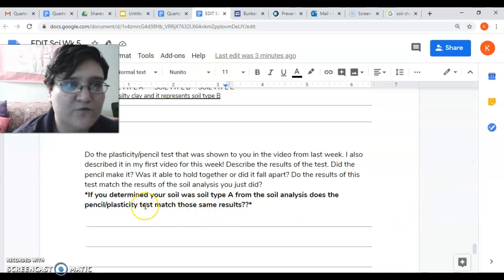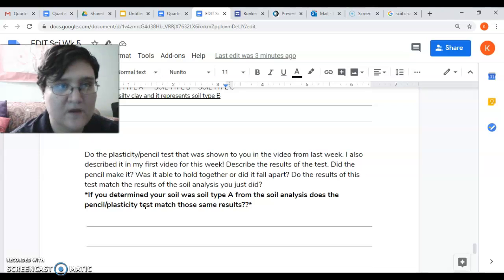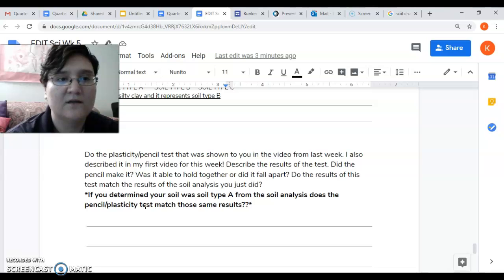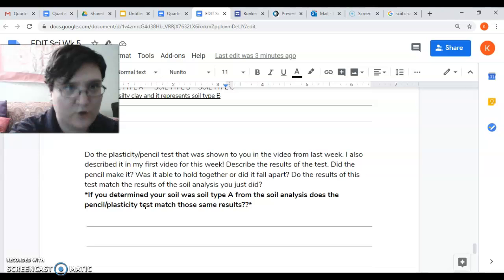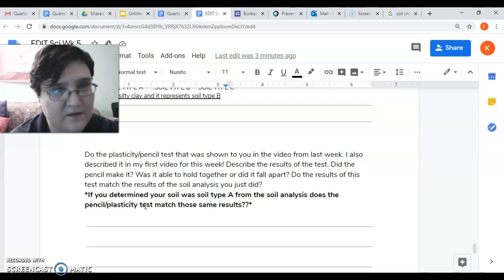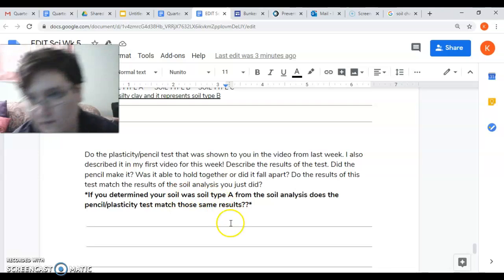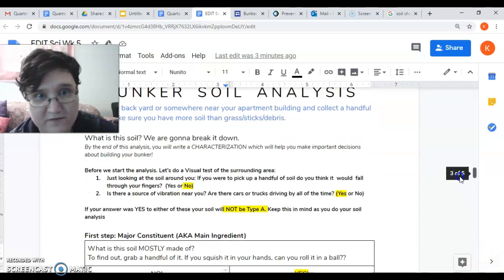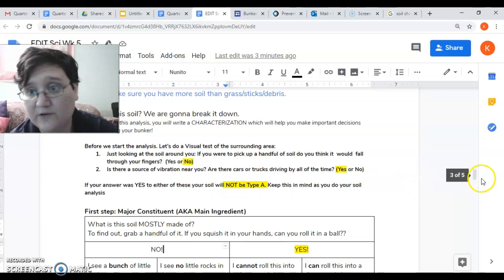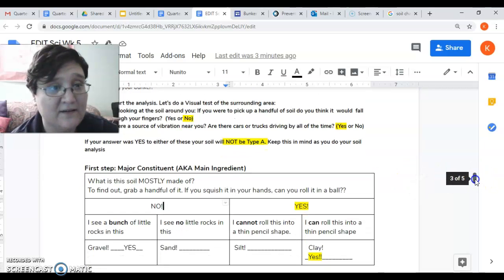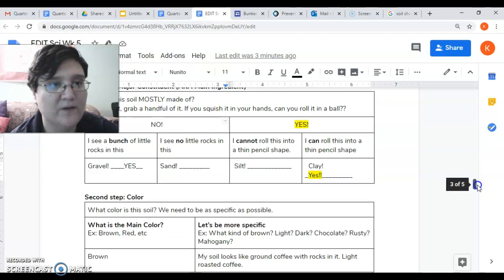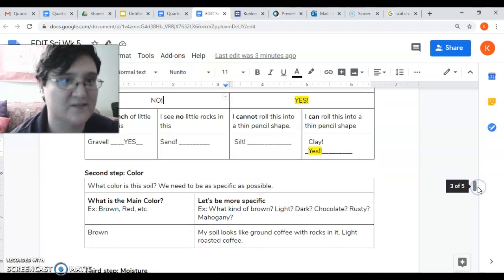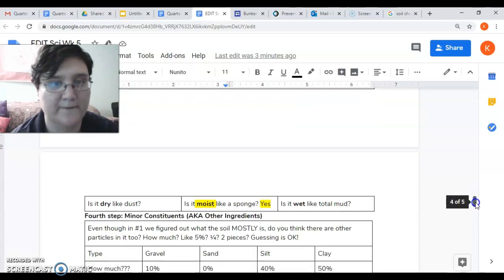For me, I would explain that my soil analysis, the work we did just now, with writing that sentence and all the questions in the boxes, essentially everything we did for today, I would describe what results I got. So I got soil type B, and then tell me if my pencil test matches that based off of the results from the video yesterday.